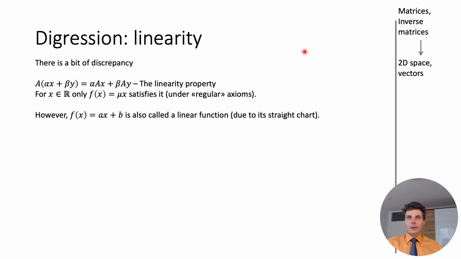Before talking about another operation one can introduce for vectors, let's make a quick digression and discuss the notion of linearity. There is a little bit of ambiguity, a little bit of discrepancy.